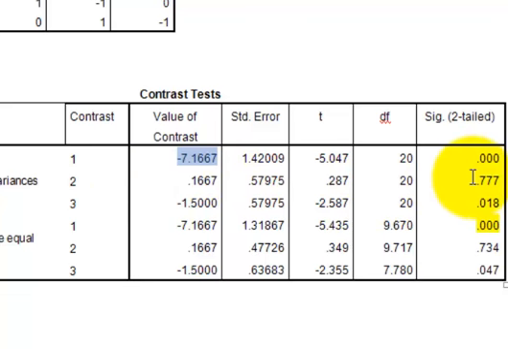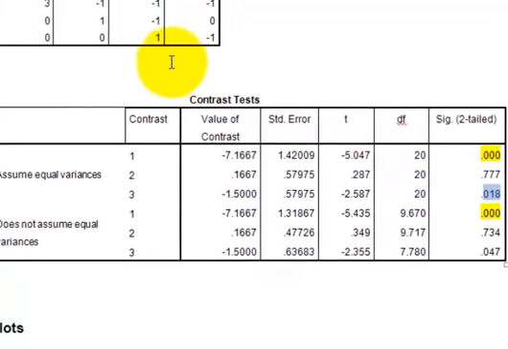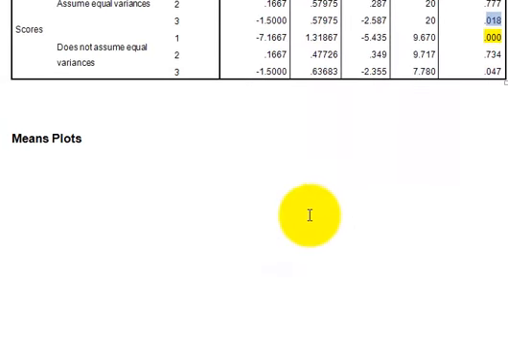For the second comparison, that is not less than 0.05. Therefore, you do not reject the null, which means there is no significant difference between the low and the medium group. In this last comparison, the medium versus the high, because that is less than 0.05, you get to reject the null and say there is a significant difference between the medium and high group.